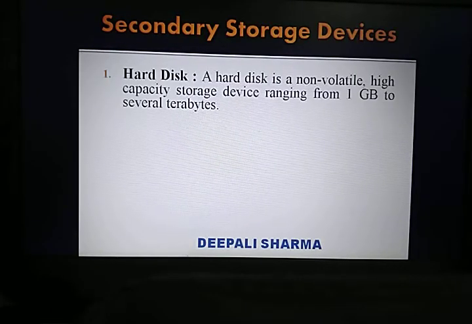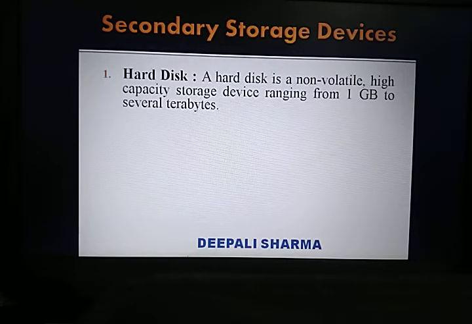The first storage device which we are going to discuss right now is the hard disk. That is the main storage device, present in all computer systems. A hard disk is a non-volatile high capacity storage device ranging from 1 GB to several terabytes.